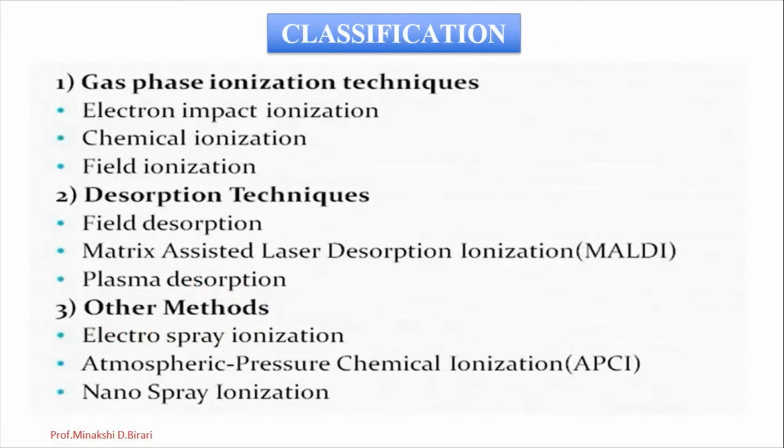Now this is the classification. There are several methods available, and depending upon the nature of the substance and the method by which ions are produced, they are classified as gas phase ionization techniques like electron impact ionization, chemical ionization, field ionization.